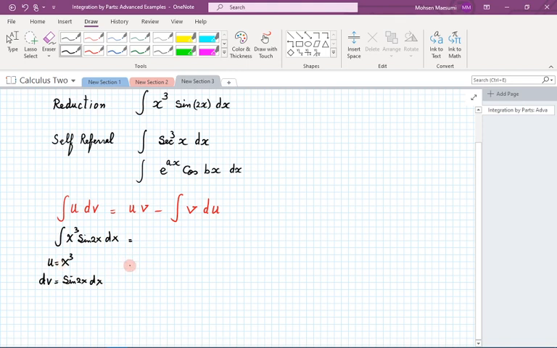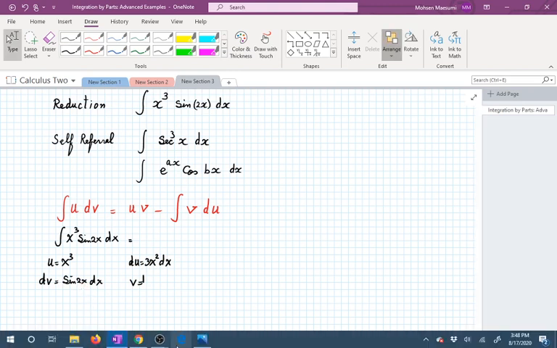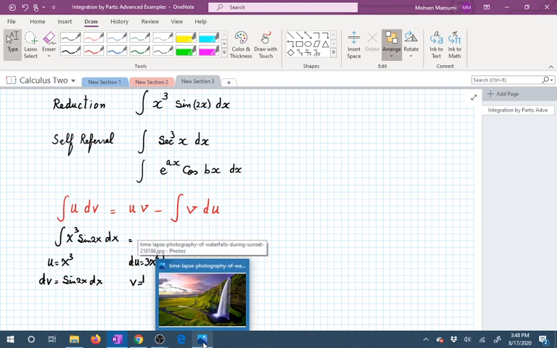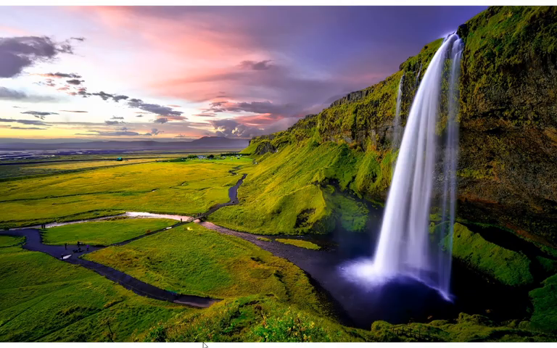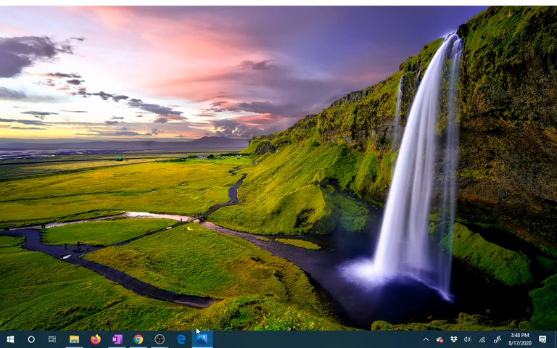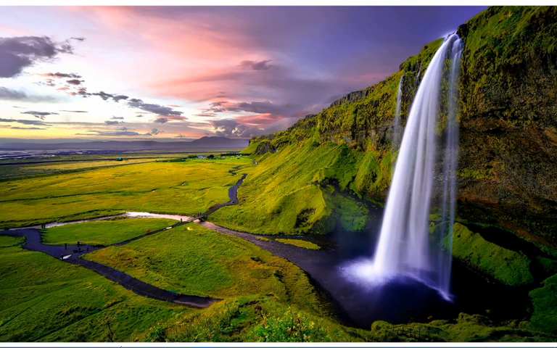Now I take a derivative of this, so du therefore is going to become 3x squared dx, and then v is the antiderivative of sine of 2x. Okay, what is the antiderivative? Let's get everybody engaged a bit here. What is the antiderivative of sine of 2x? Okay, did you make your decision? Let's double check.